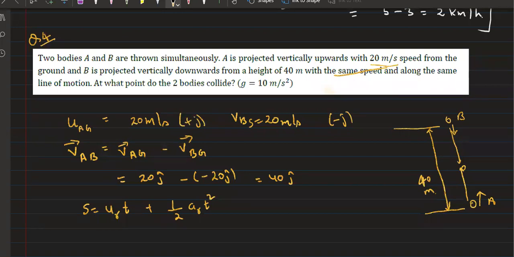It is relative, Navya, right? When you talk about relative, just sit on A and observe B, or sit on B and observe A. That's the meaning of relative. I have just written the equation, I have not assigned any sign, so you have to figure out what the sign would be.